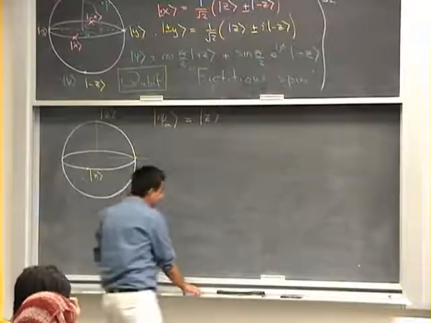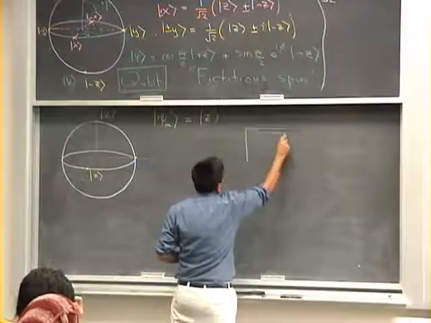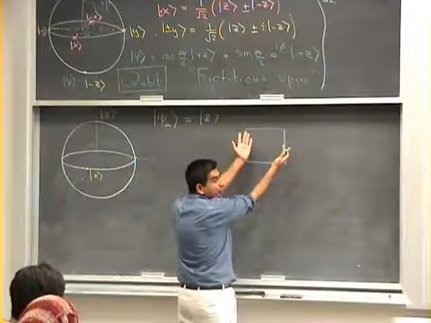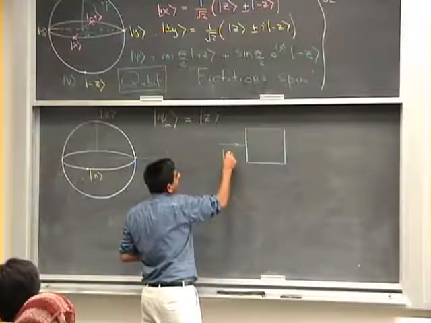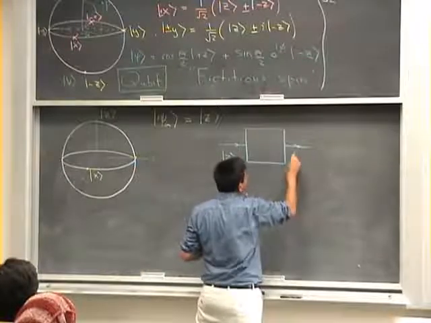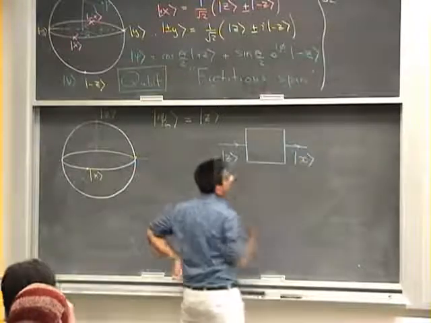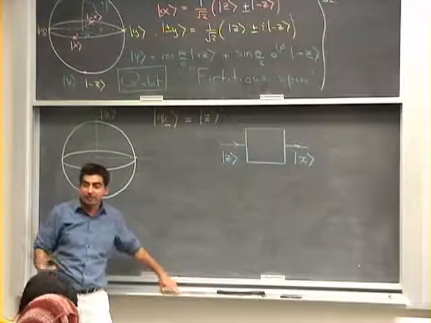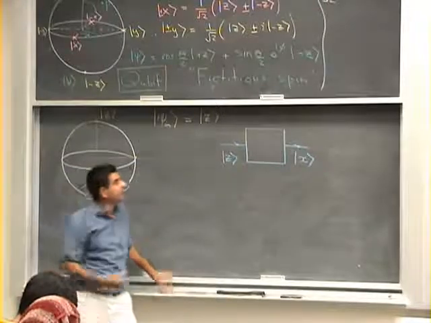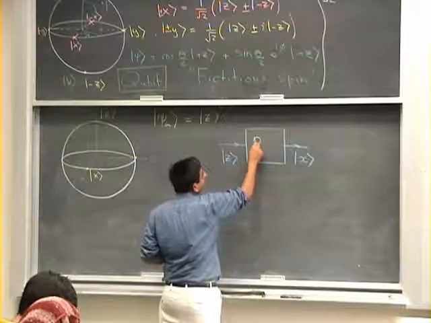In other words, if I make a block diagram, a logic diagram, I have some unitary operation. I input the state z and my output state should be x. Okay, so I need to apply a unitary operation. A rotation is a unitary operation. So I label this operation by R.